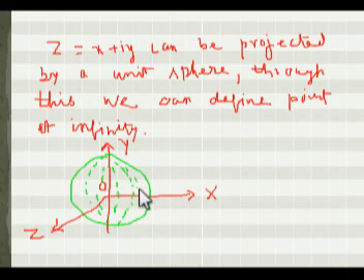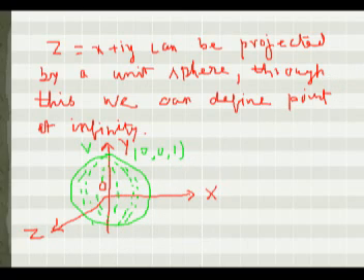It also has a vertex at the point 0, 0, 1. This is the point 0, 0, 1. This is denoted by V, the vertex, and this is our xy plane actually.